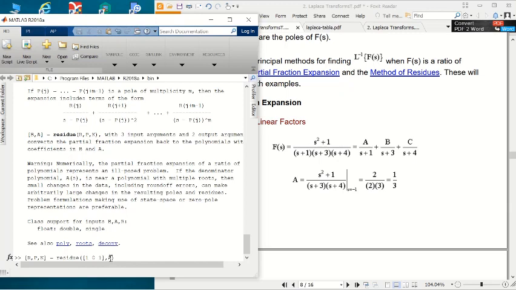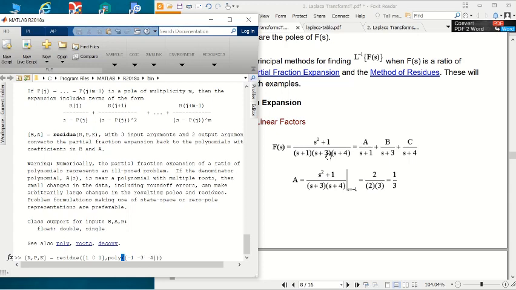And the denominator, this one is in terms of a product of the roots like this, so you can use the command poly. Poly means to form the polynomial based on the location of the roots. The root number 1 is -1, root number 2 is -3, root number 3 is -4.